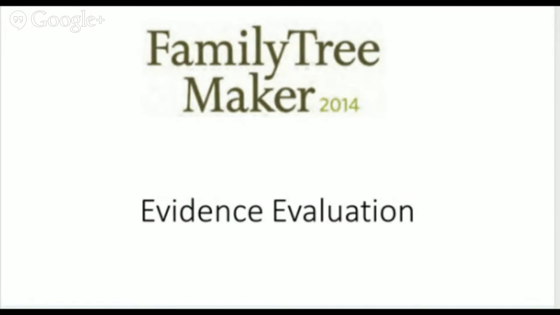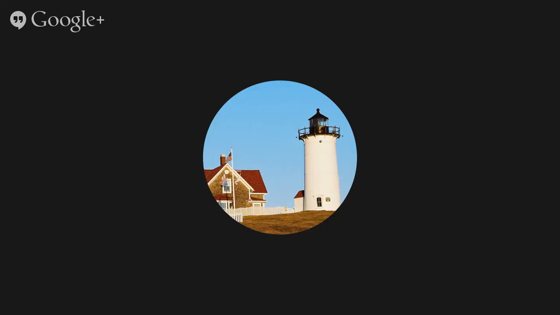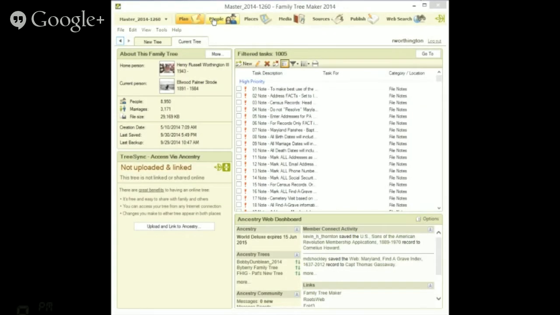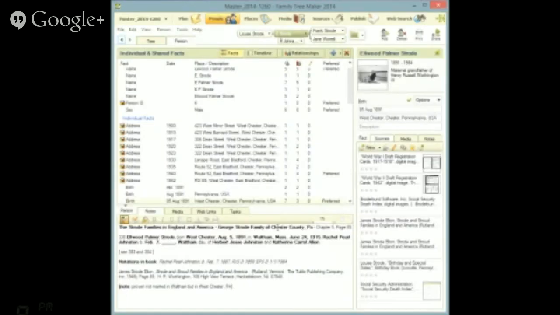So I'm going to take the example that I've been using of a book that has some handwriting in it, and I want to do some work with it in Family Tree Maker 2014. As usual, we program in and I'm going to go to the people workspace, to my grandfather, and these are the notes that I've been working on.